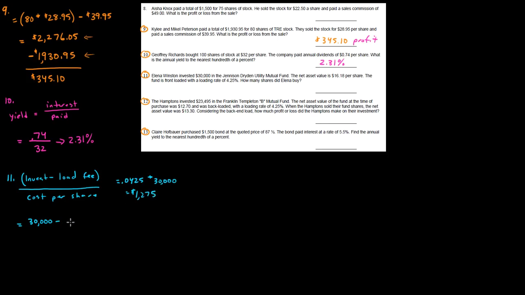So now we can put that into the formula here, $30,000 minus $1,275. We divide it by the cost per share. The cost per share here is $16.18. And that leaves us with 1,775 shares.